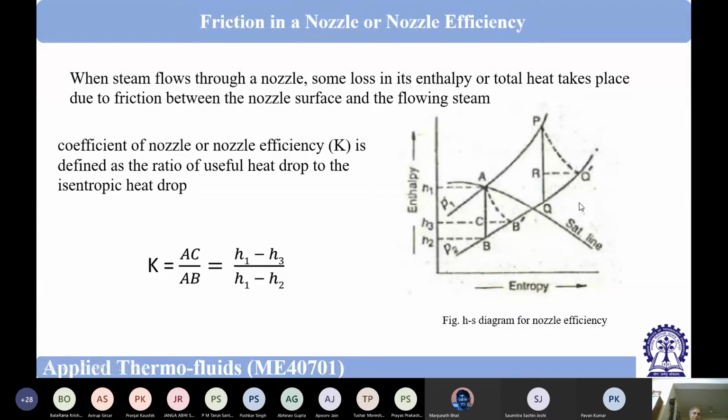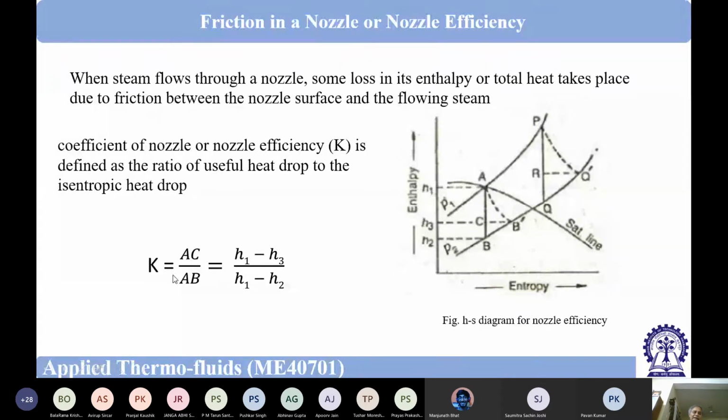So obviously some sort of an efficiency we can define, not derive, we can define. So what is that? AC is the actual drop. That means this is the actual enthalpy difference based on which my nozzle velocity will increase.